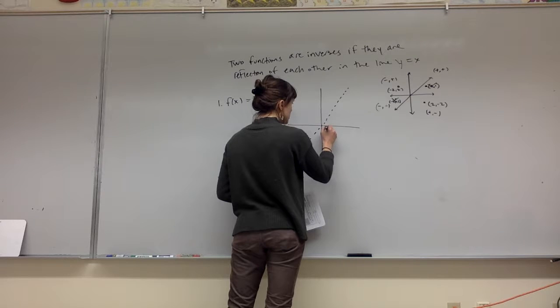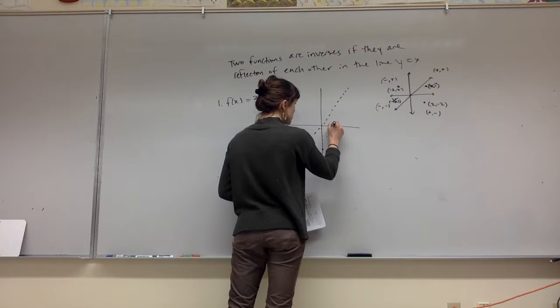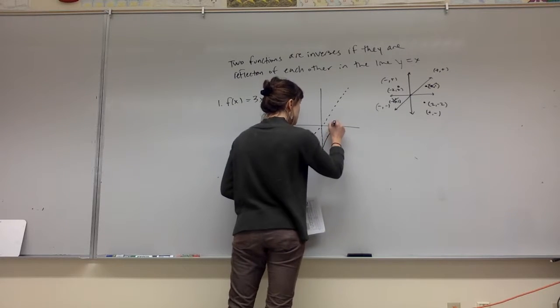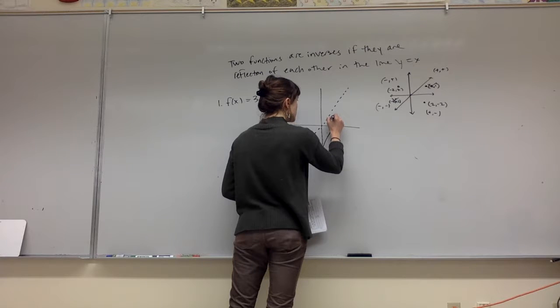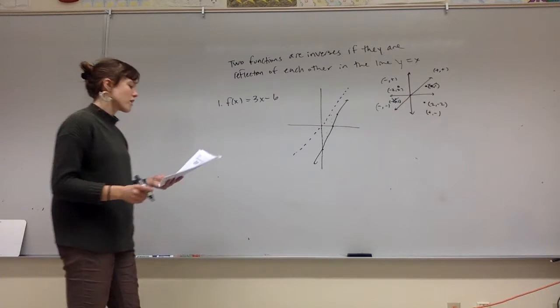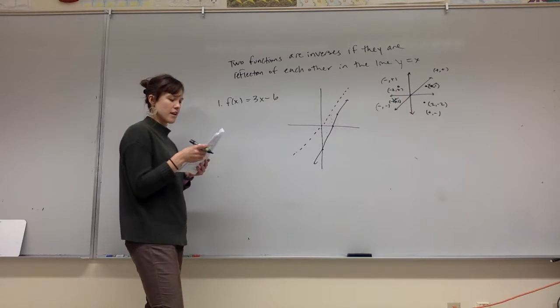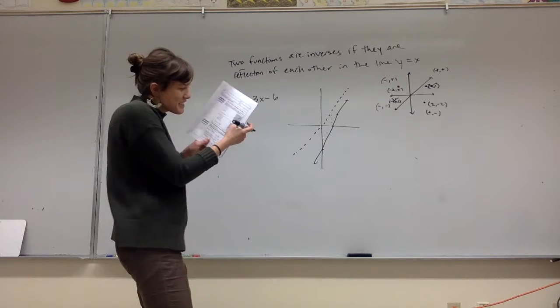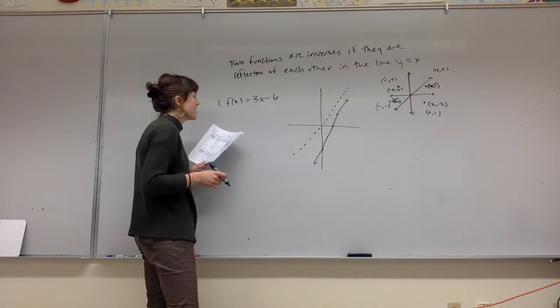So it looks something like this. This is not going to do the graph justice. You guys are going to have to graph this on your teeny little graph paper here.